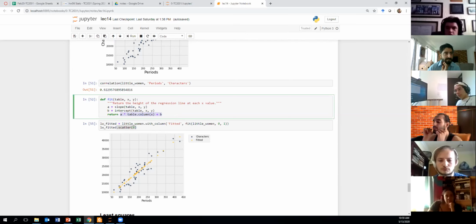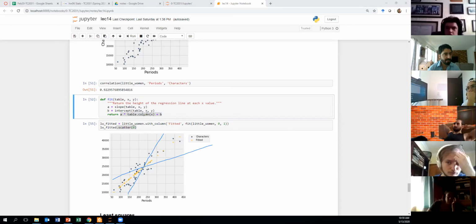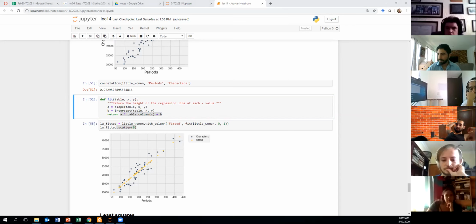I can have maybe another fit value here, but it doesn't fit quite well. As you see, if my line is like this, it doesn't quite fit all the data. So this yellow line that I drew is the best fit for my data, which I calculated using those linear equations.